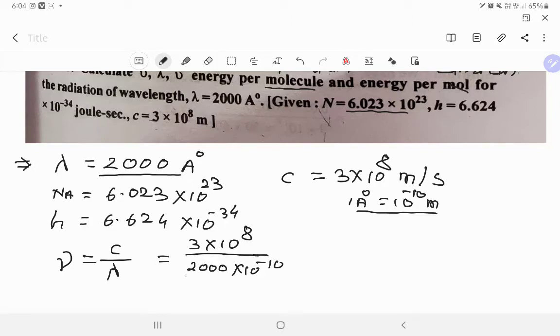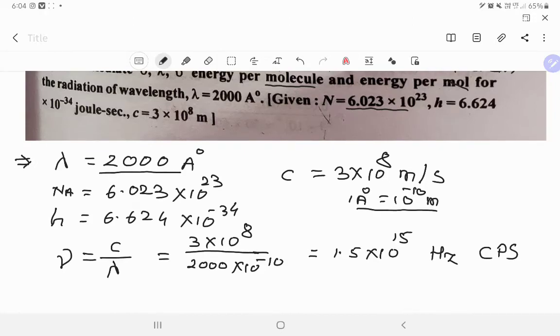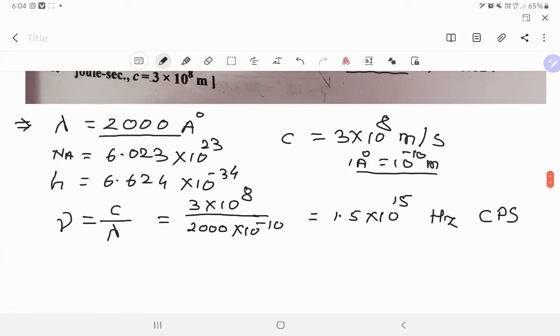Okay, solve this. It will be 1.5 into 10 raised to 15 hertz, or cycles per second, the unit of frequency. Then again, nu bar is to be determined. Wave number is the reciprocal of wavelength.